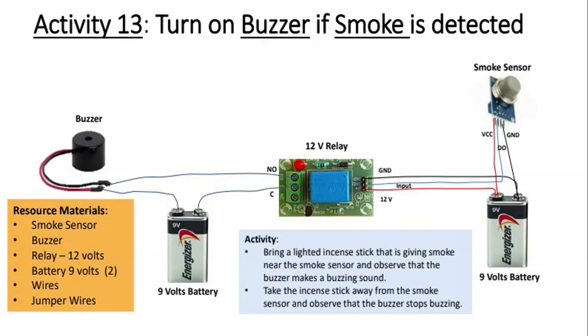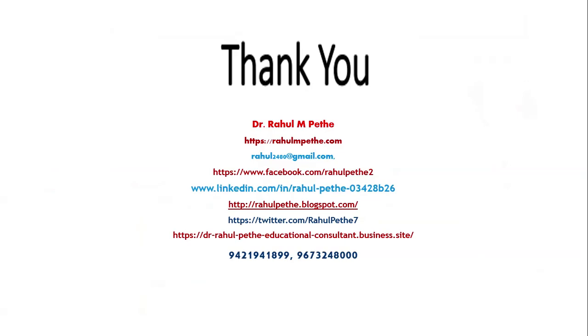So this is a simple way to detect some sort of activity or design simple circuitry using components such as resistors, capacitors and relays. Then we have other components also, such as sensors and actuators. So these are the sensors, actuators and other components we can use to design a circuit. This is all about making the activities, using the different components and designing your own circuitry.